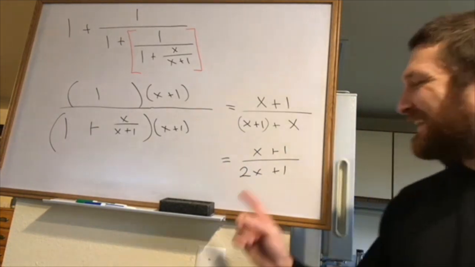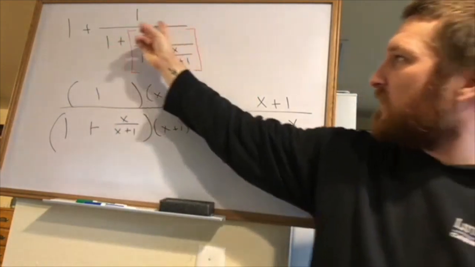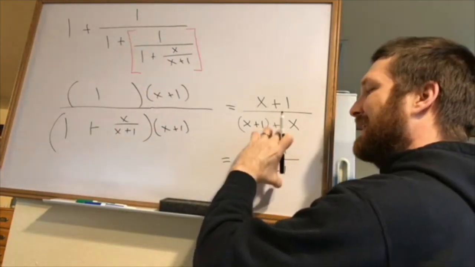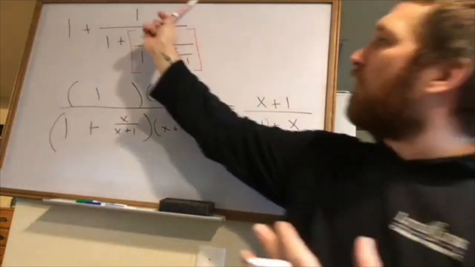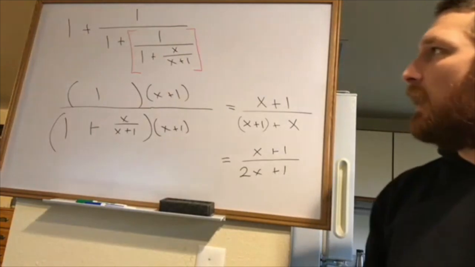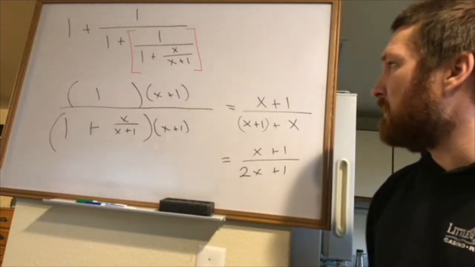But this now is that right there, right? That's what we just said. And so we can replace this thing right here, and now we have our final fraction. Yeah, so that's the idea with that one.